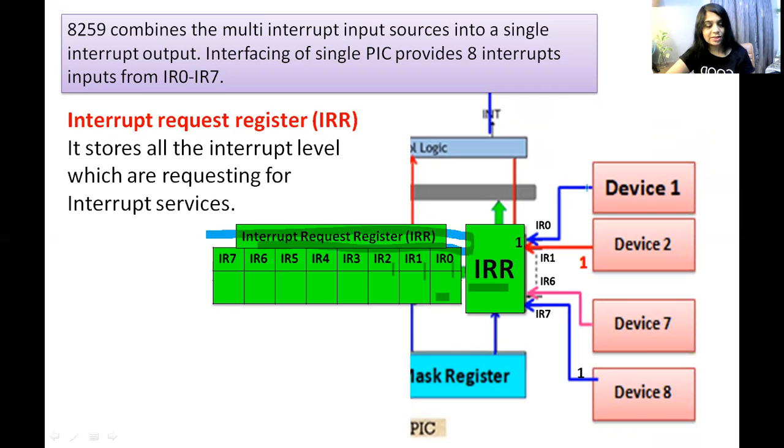As soon as it receives interrupt request on IR0, it will set the IR0 bit. When it receives request on IR1, it will set IR1 bit. And when it receives request on IR7 by device 8, it will set this bit. All other bits will be at logic 0, as no devices are connected, or even if devices are connected, there is no interrupt request on those pins.